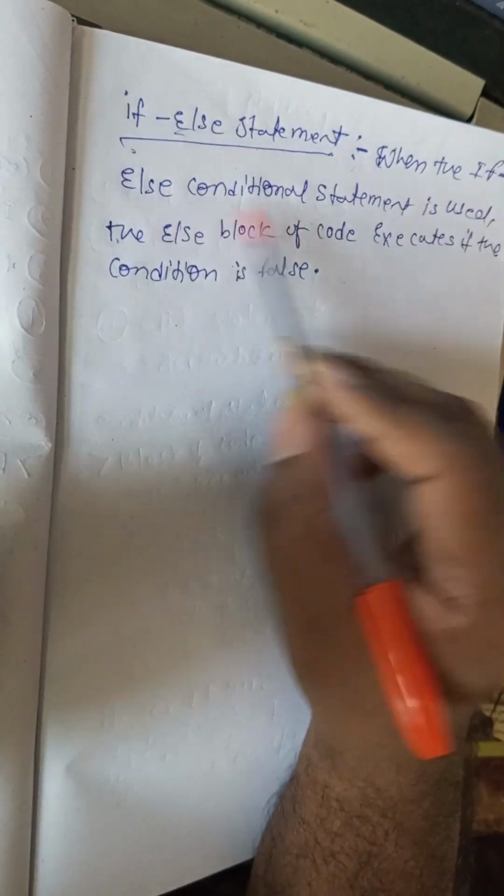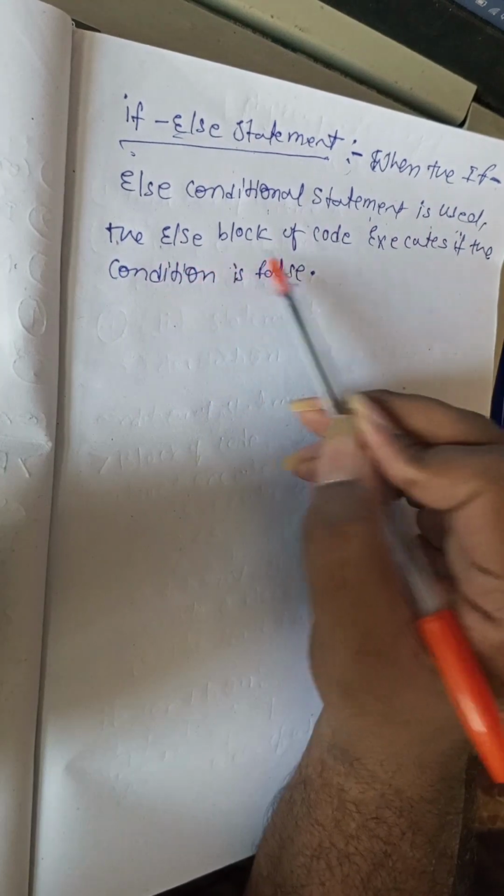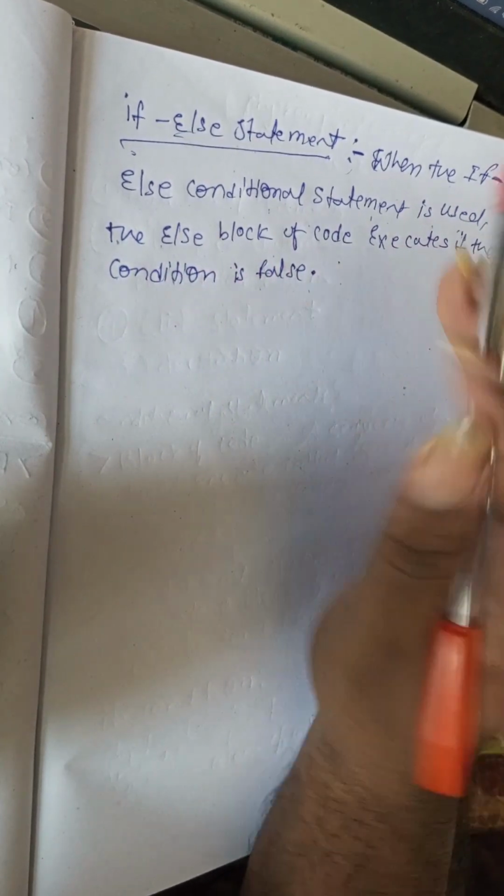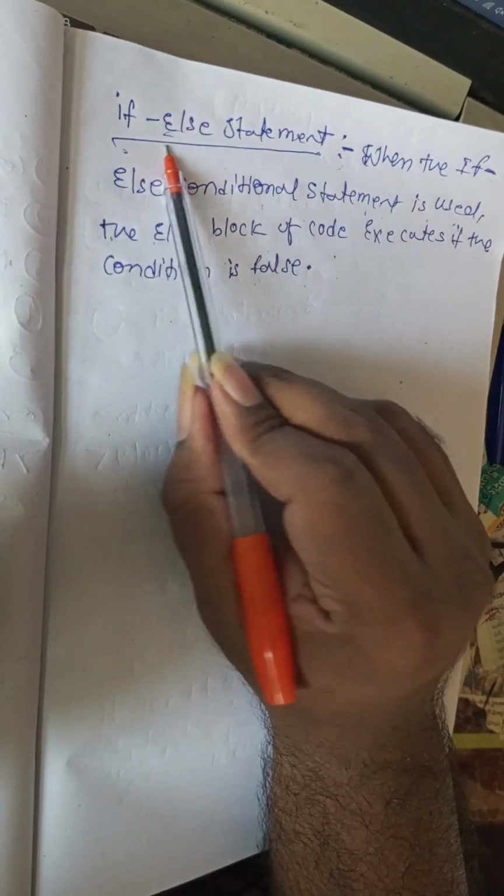Okay, when the if-else condition statement is used, the else block of code executes if the condition is false. This is about the if-else statement.